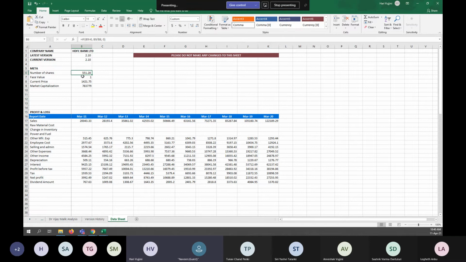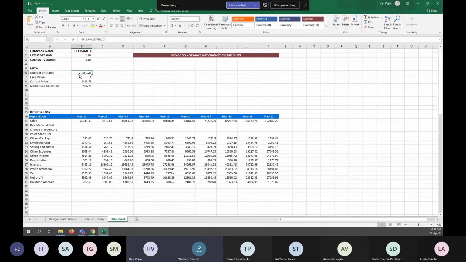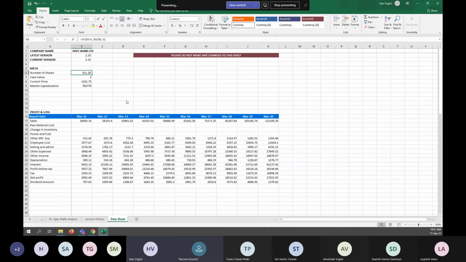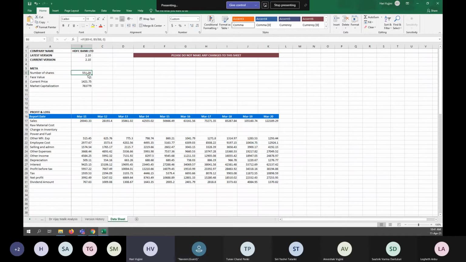That's totally different from CCL products. CCL products have only 13.30 million, whereas HDFC Bank has 551 million shares outstanding. So it depends on the number of shares. Why do you think CCL has only 13.3 million, whereas HDFC Bank has more shares? Why do you think that is the case?